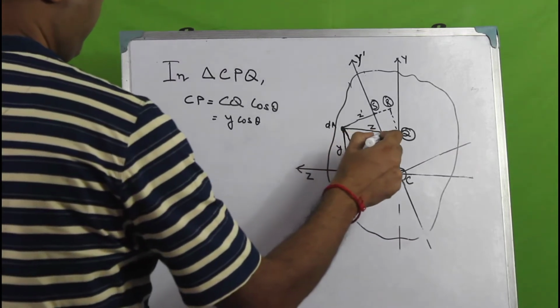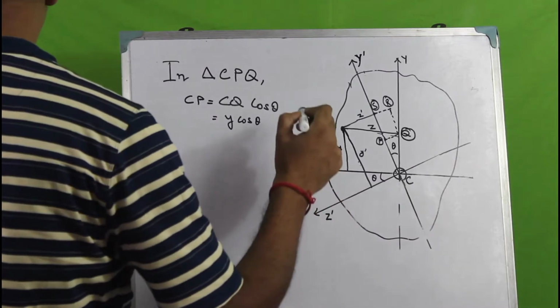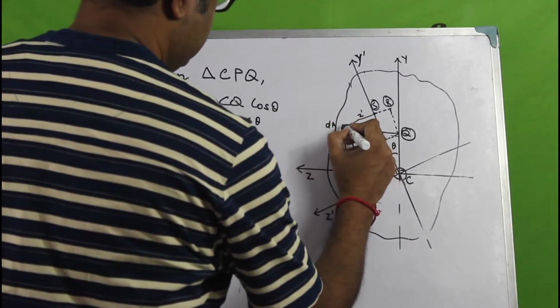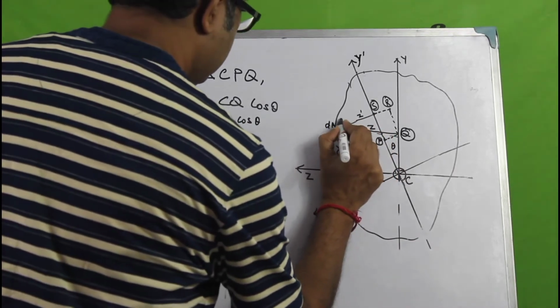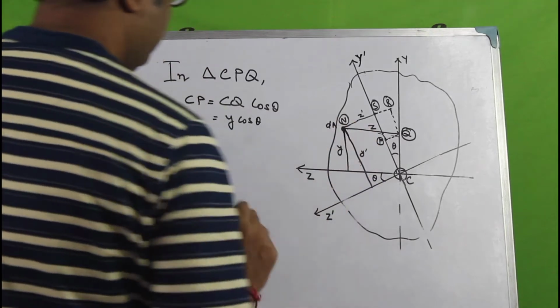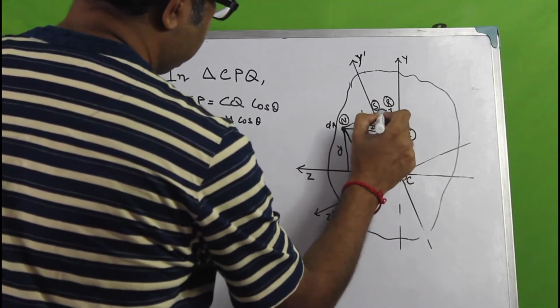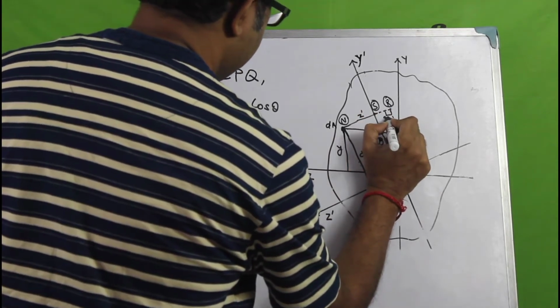Now, in this particular triangle here, again let us consider this one. Let us say this point of dA is N. This is also a right angle triangle because the angle here is 90 degrees, right? So this is a right angle triangle.